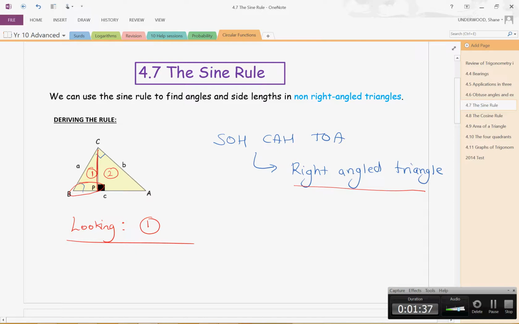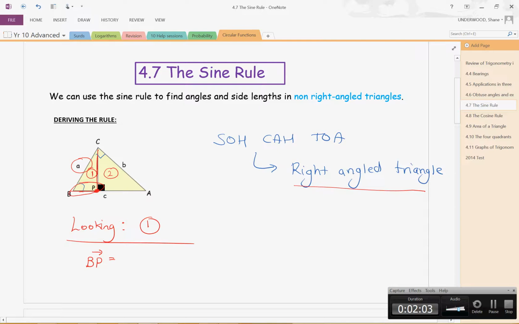So P is this point here. Now, what can you tell me about this length here, BP? How would I work out BP? What's the length of BP?